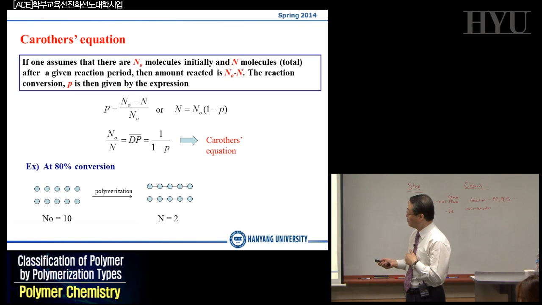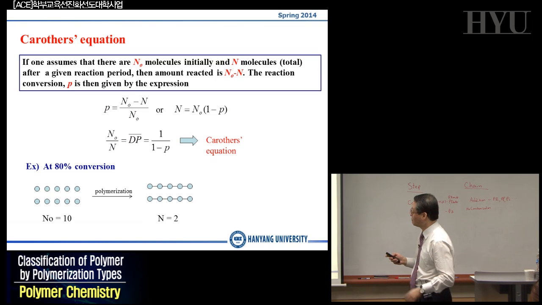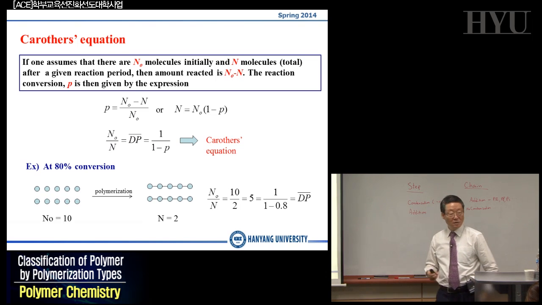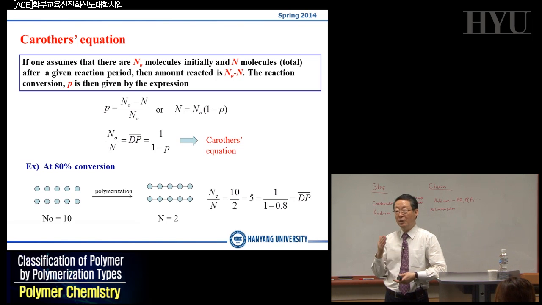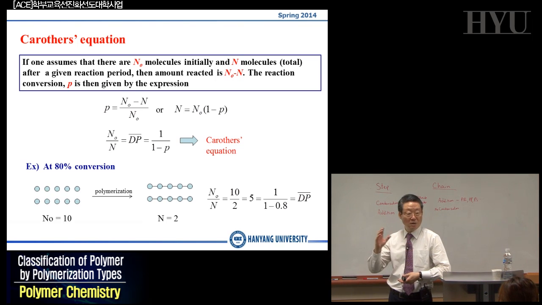Or if you know P, 80% conversion, which is 0.8, then 1 divided by 0.2 is 5. So it's exactly the same. So you can simply calculate dP if you know how many molecules at the beginning and at a given time t, or the percent conversion.